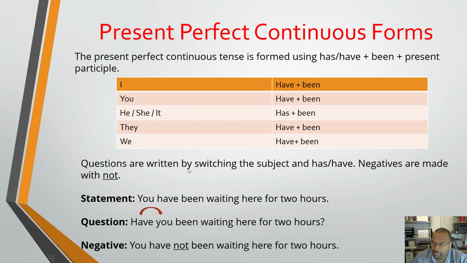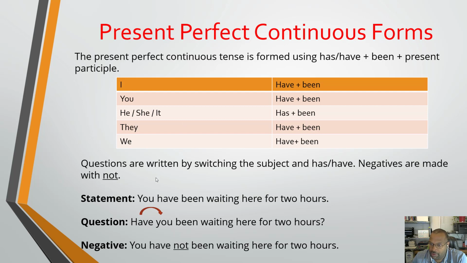Questions are written by switching the subject and has or have. So let me say that again. Questions are written by switching the subject and has or have, depending on who you're talking about. Okay? Negatives are made with not. All right?